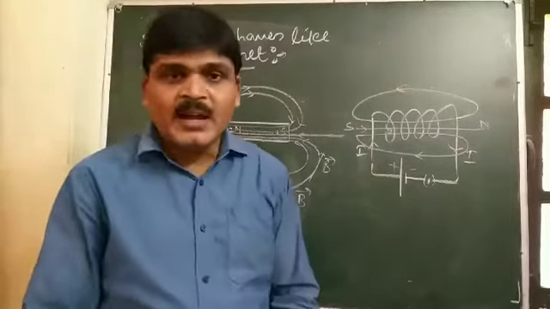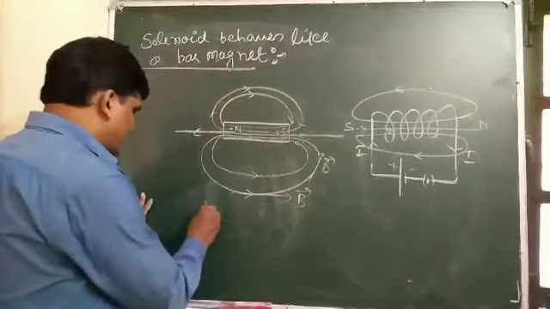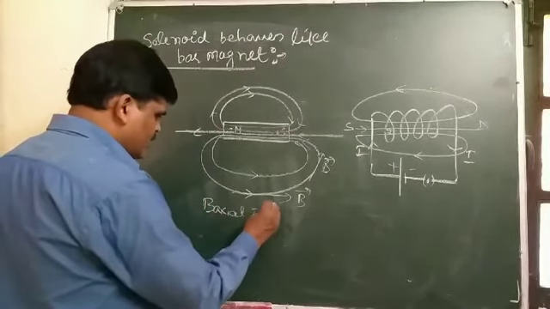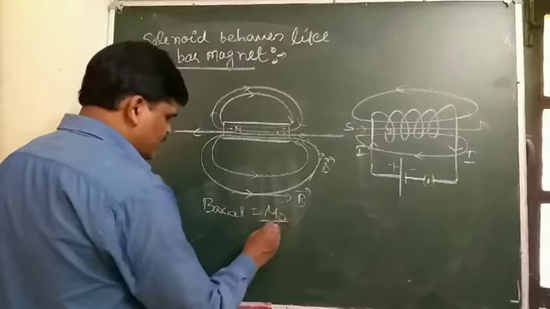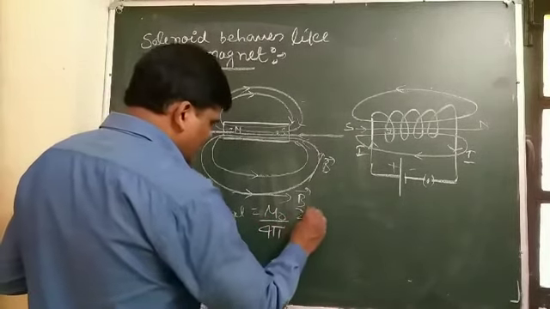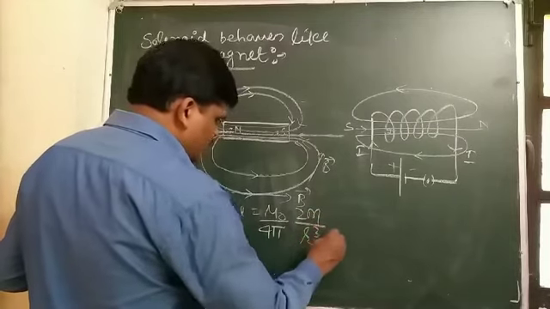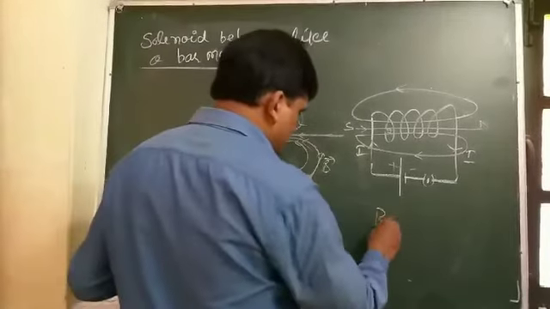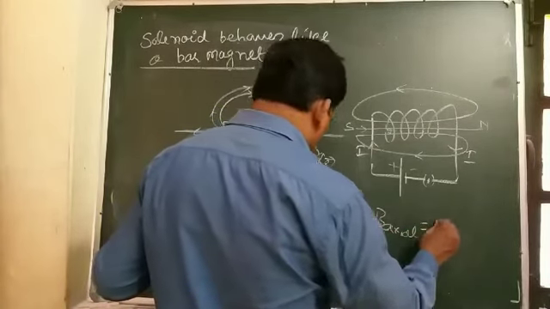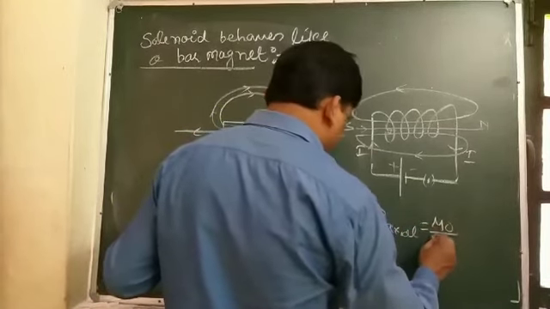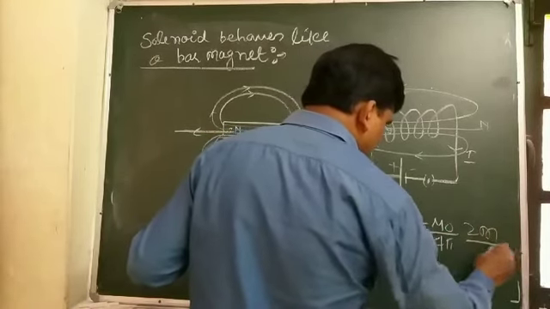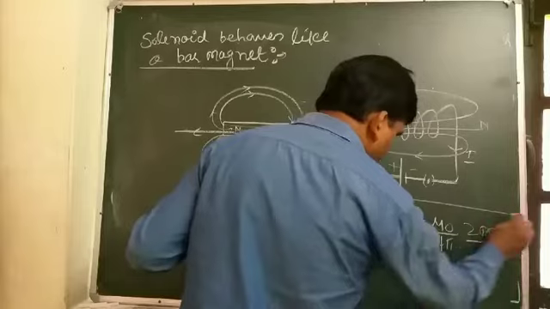And students, the magnetic field at an axial point due to a bar magnet is mu naught by 4 pi times 2m by r cube, which is the same as the magnetic field at an axial point of a current carrying solenoid, mu naught by 4 pi 2m by r cube.